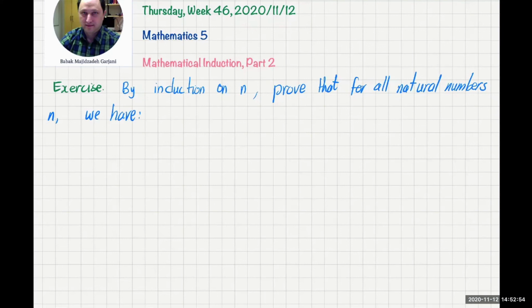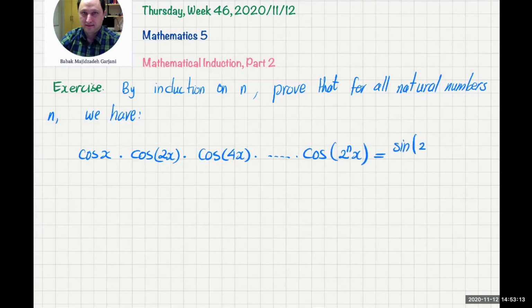Cosine x multiplied by cosine 2x multiplied by cosine 4x multiplied up to cosine 2 to the power n x is equal to sine 2 to the power n plus 1 x divided by 2 to the power n plus 1 sine x.